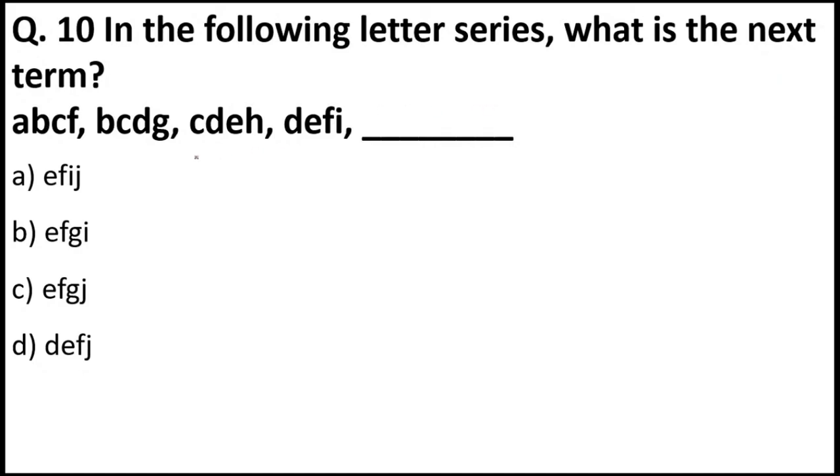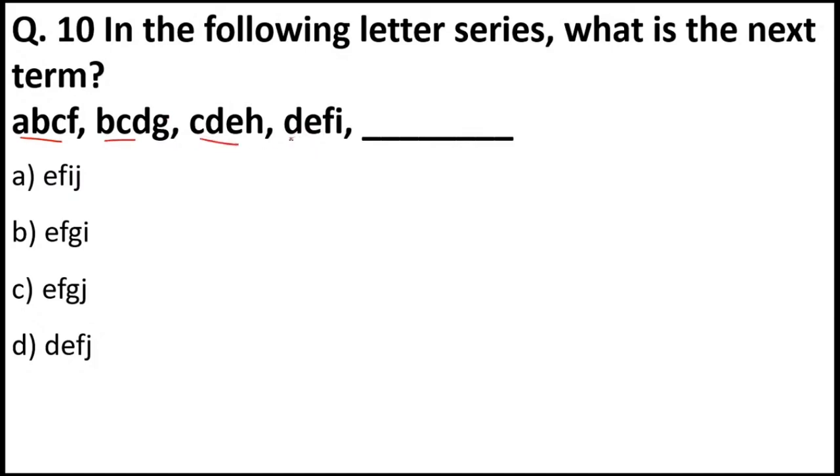A, B, C, D. This is a simple series starting from A. In the first term, A, B, C is going in alphabetical order. In the second term, B, C, D is going in alphabetical order. In the third term, C, D, E is going in alphabetical order.